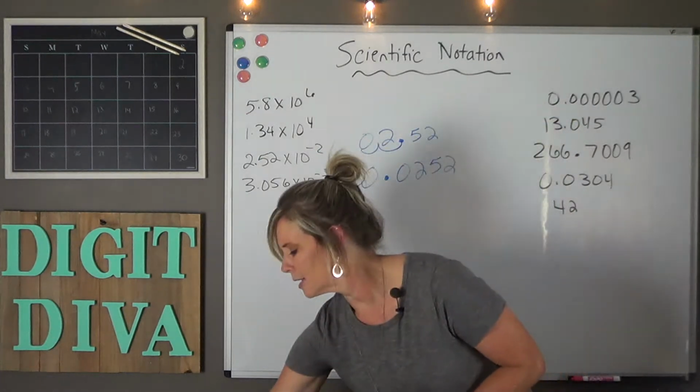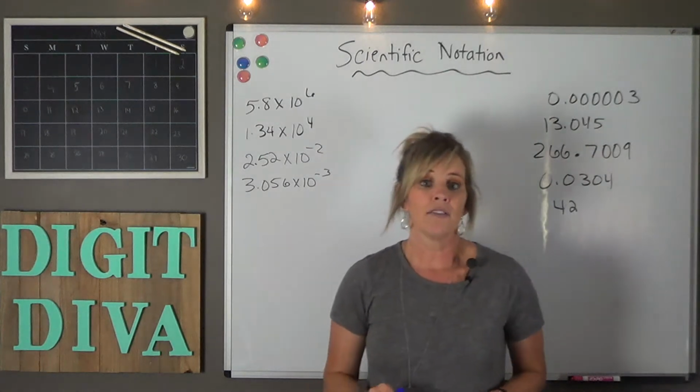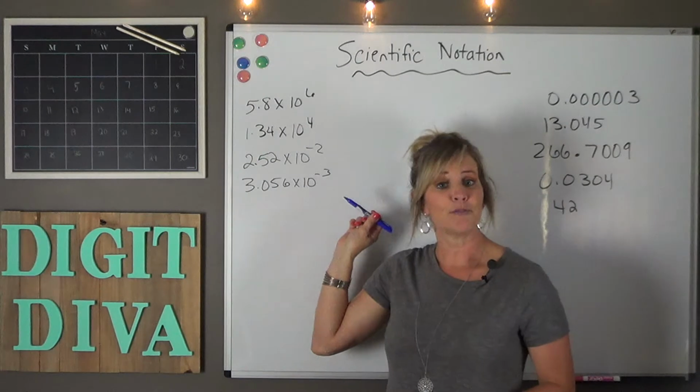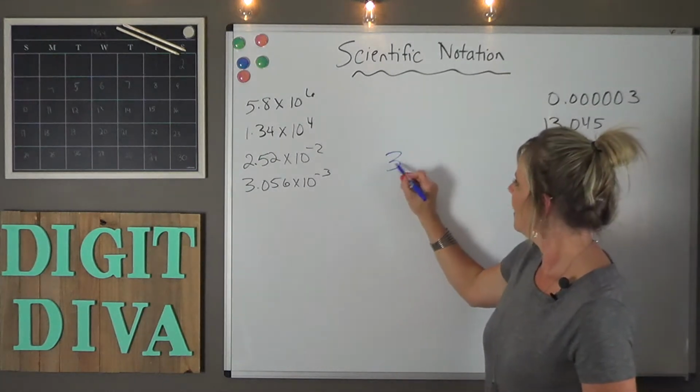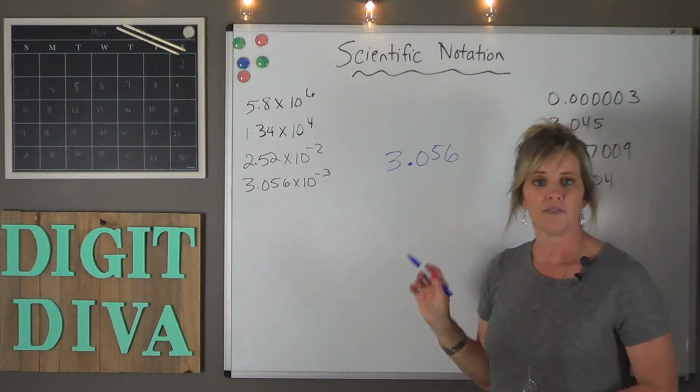And my last example, when I'm going from scientific to standard, I have a negative exponent of 3. That tells me I need to move 3 times to the left. So my original number is 3.056.